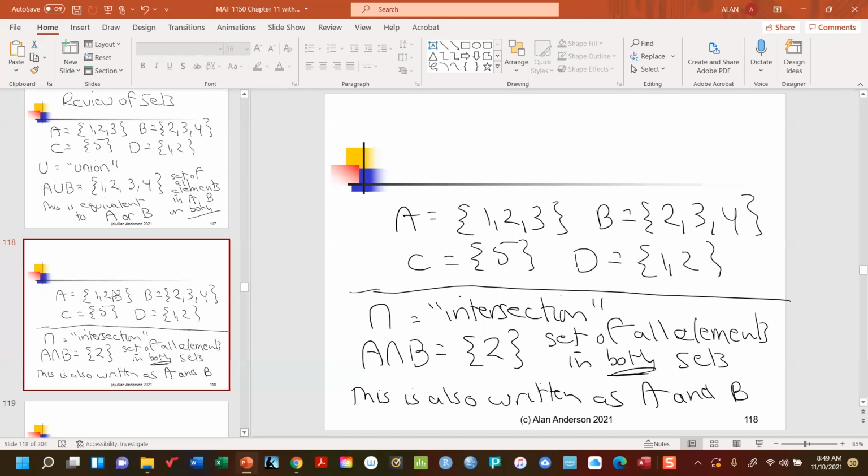And in this case, that happens to be the 2. So this represents all the elements that are in both sets. And this one is often written with the English word and. So intersection and and mean the same thing, because what we're looking for is all the elements that are in A and B. One is not good enough.